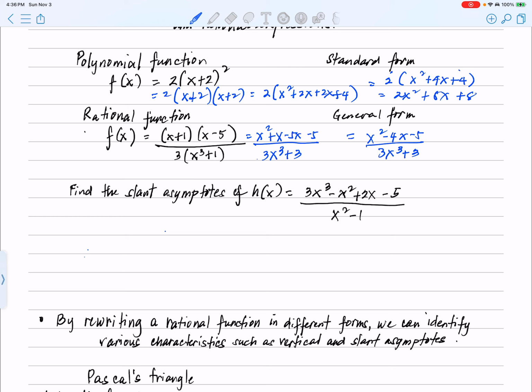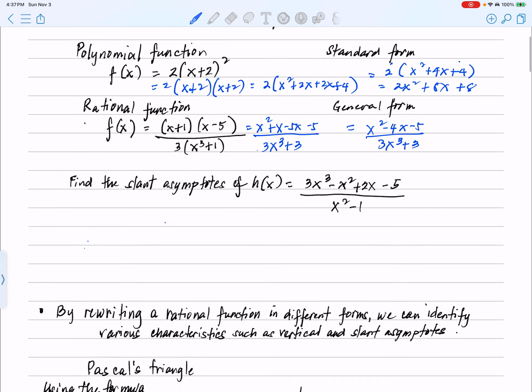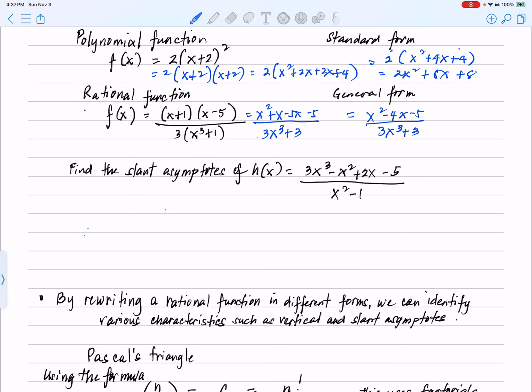How? Because rational functions are quotients of these two polynomials here, and it's the same way that we're going to rewrite by dividing using long division.